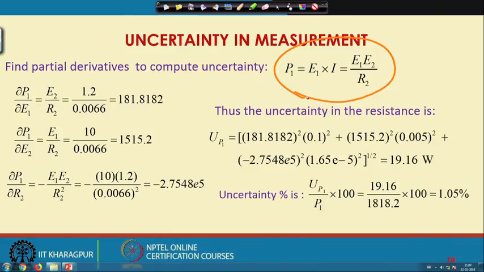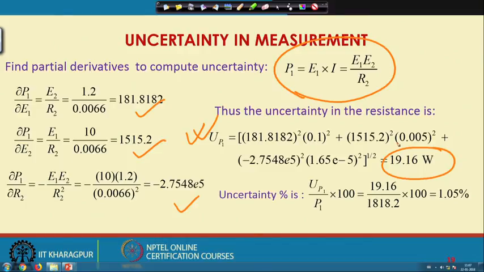So, we compute del P1 del E1, del P1 del E2 and del P1 del R2. So, the values are obtained as this, and now I combine the terms like del P1 del E1 into uncertainty in E1 plus del P1 del E2 into uncertainty in E2, such terms using the most probable root sum square error, and I get the value as 19.16 watt.